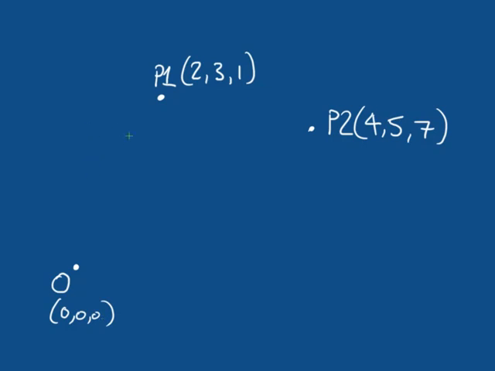So we could represent each of our points, P1 and P2, using position vectors.